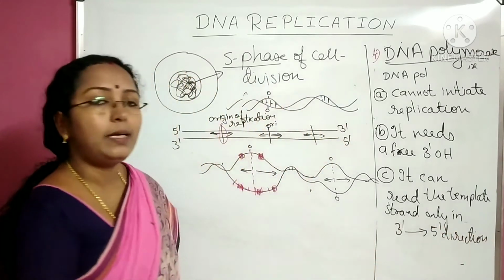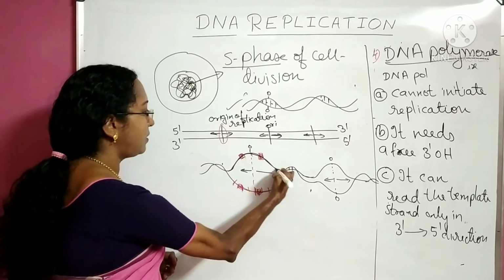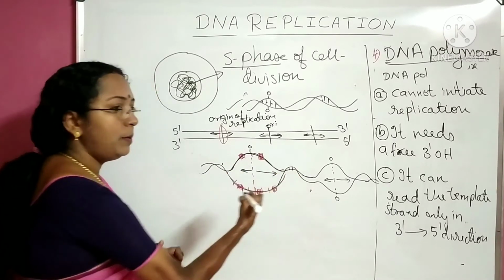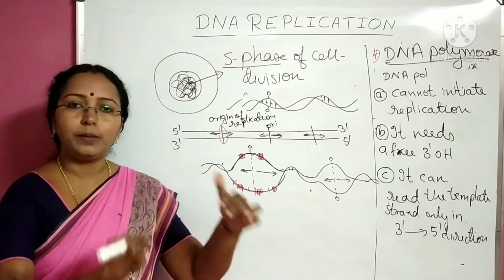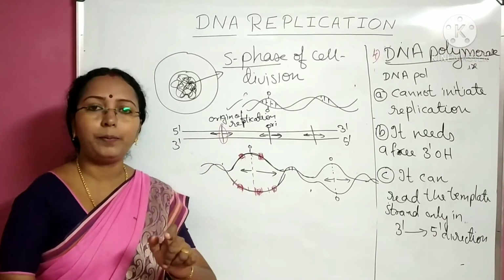Template strand means the parental strand. Here this is the template strand. This is another template strand. The parental strand, okay, which is going to replicate. It can read the template strand only from 3' to 5' direction.